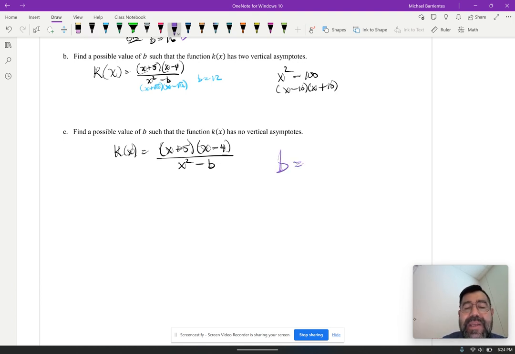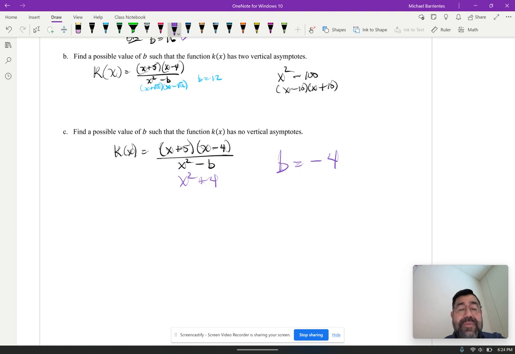What if b is a negative number? Then this would be x squared plus 4. Is that factorable? No. So nothing's going to reduce from the top. But more than that, can you think of a number that when you square it and add 4 will make the whole thing equal to 0?